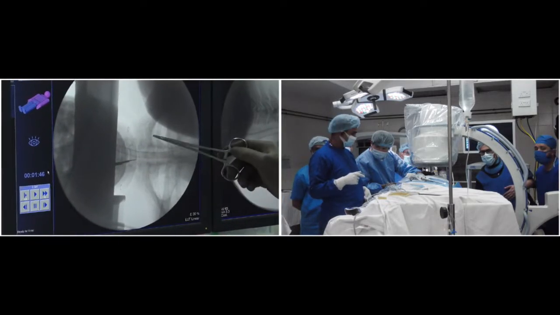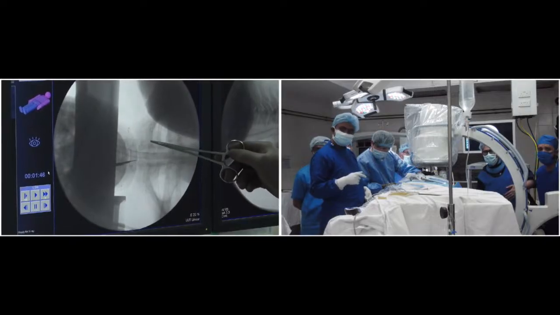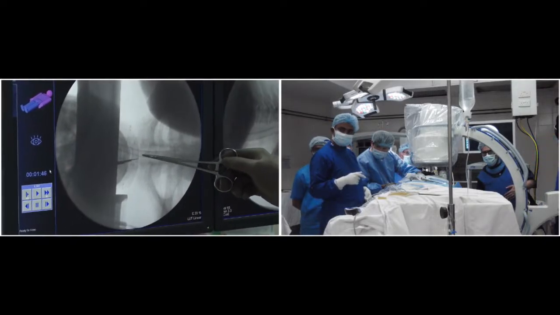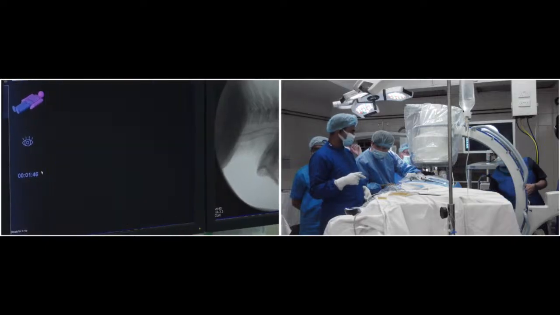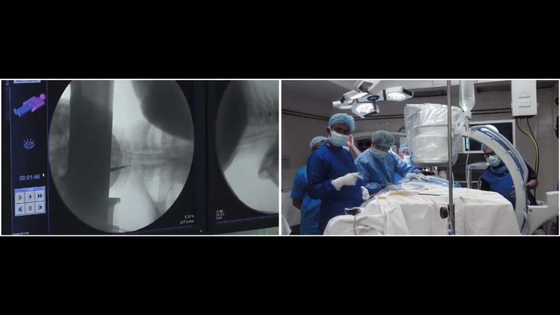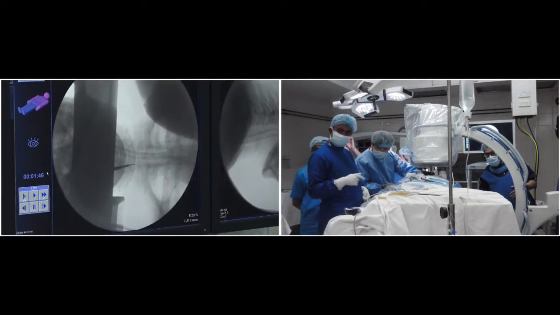This is T1. Okay, this is 7, this is 6. Shoot. Okay, correct.